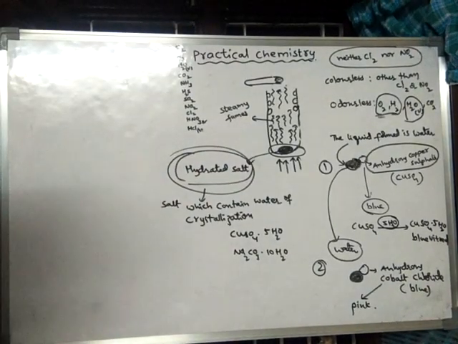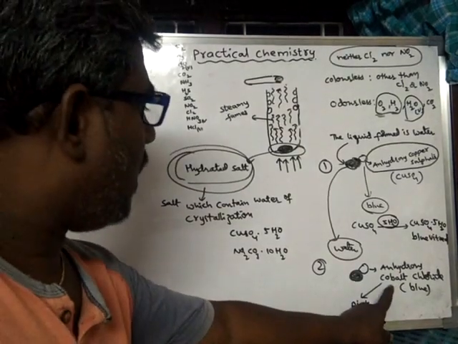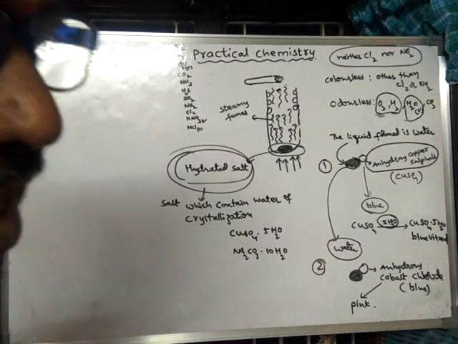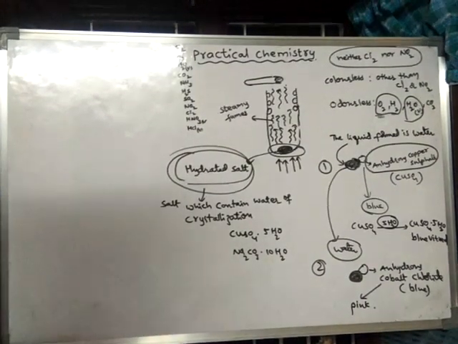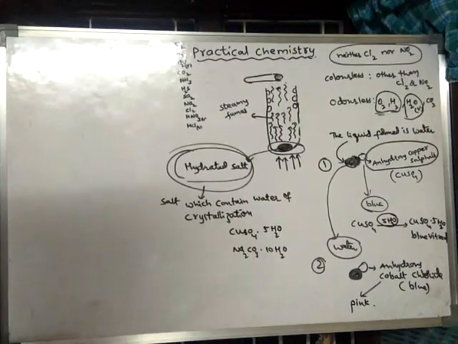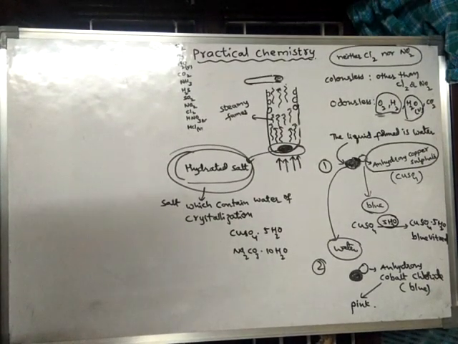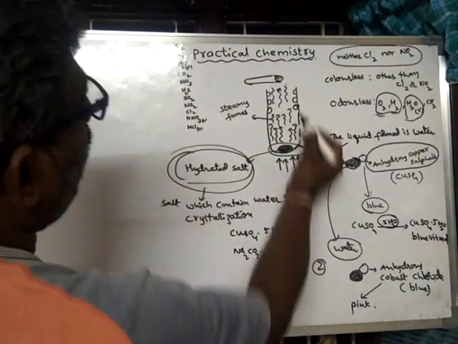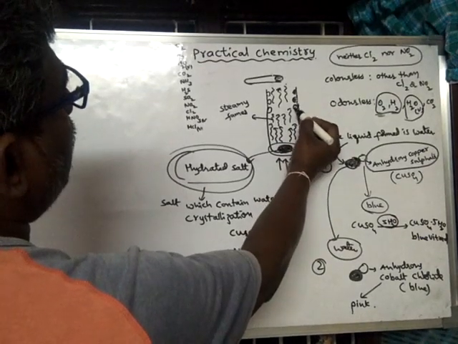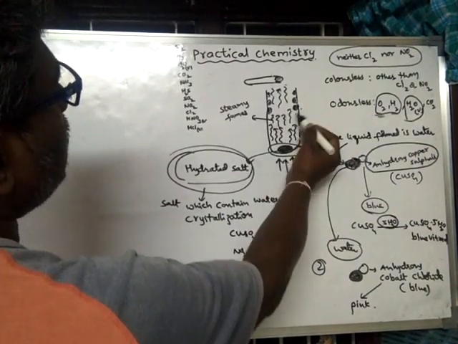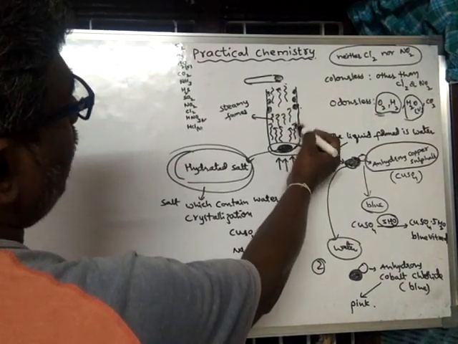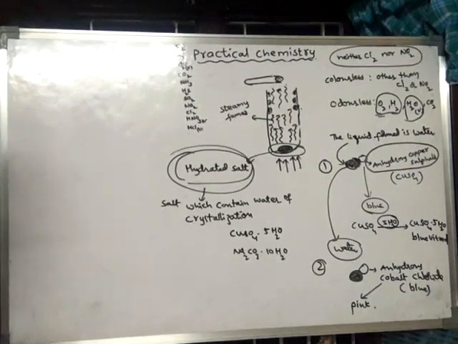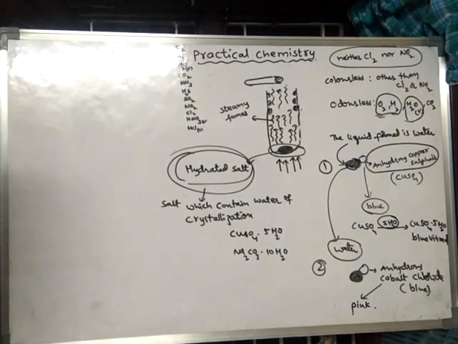The only liquid which can turn anhydrous cobalt chloride from blue to pink is water. So from this it is understood that the liquid formed is water, and these vapors, this gas, is nothing but water vapor. In this way we can detect water vapor.